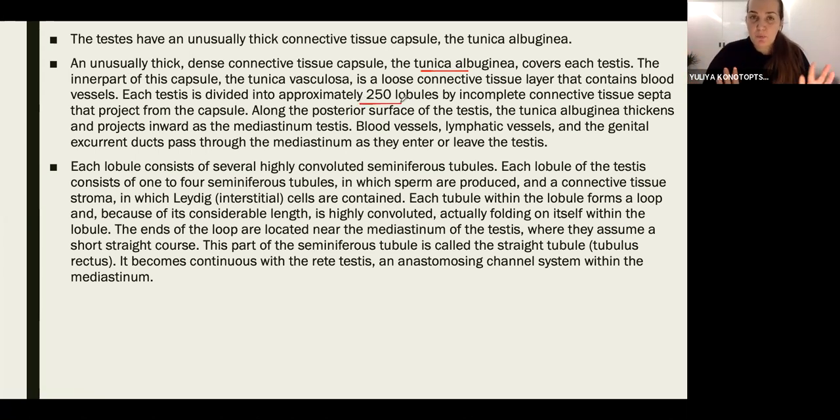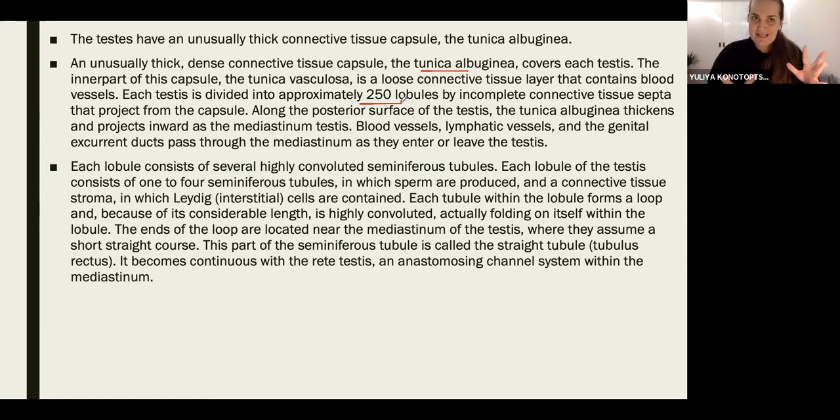But what's the most important thing about the septa is that you will find there a duct. This duct is called tubuli recti, or in English, straight tubules. And straight tubules receive spermatozoas from the seminiferous tubule. So if we ask ourselves, what's the pathway?